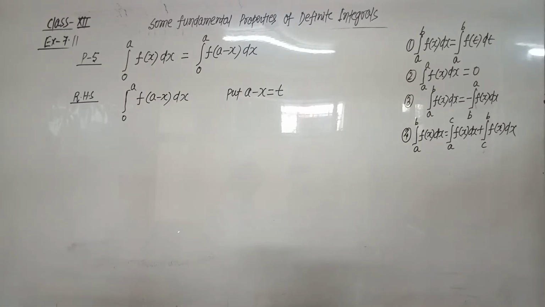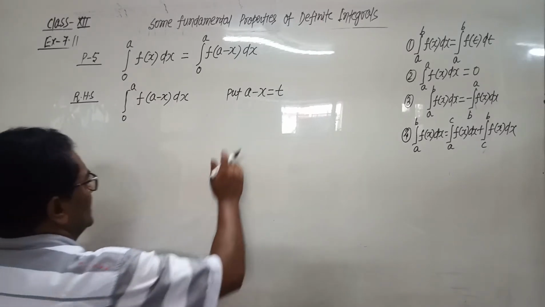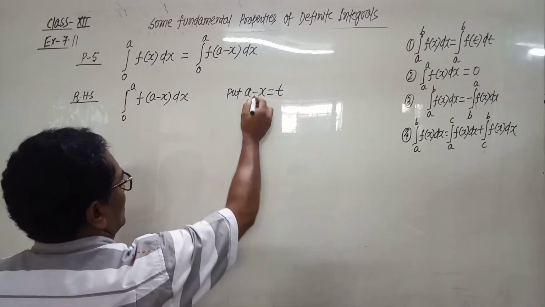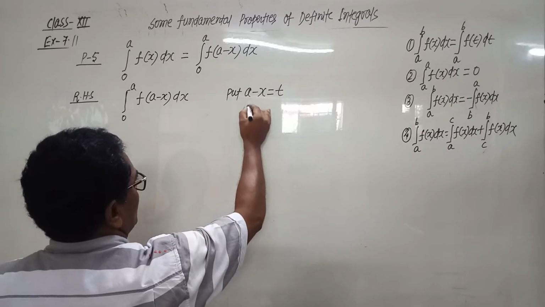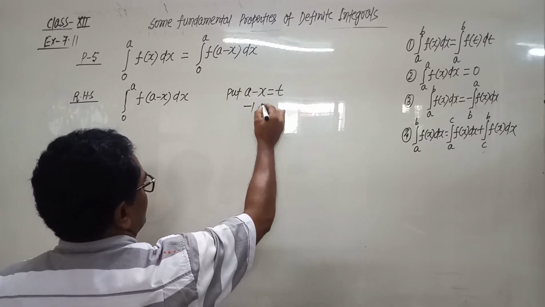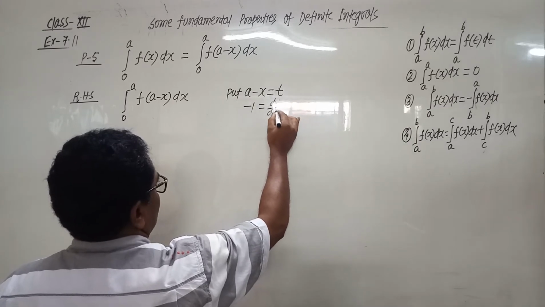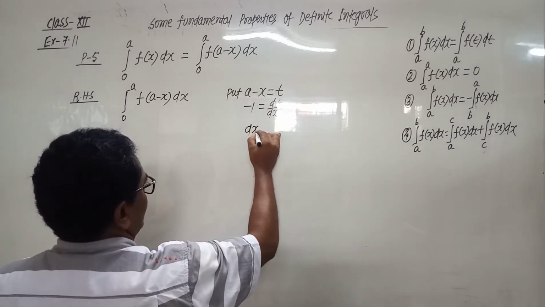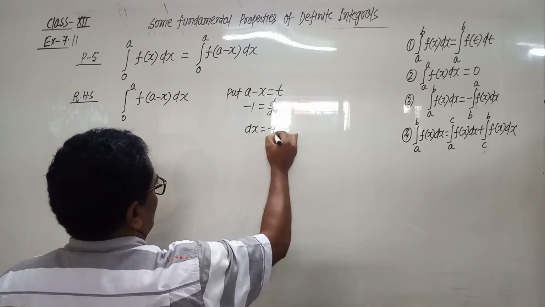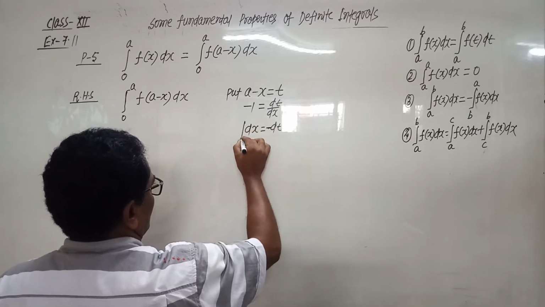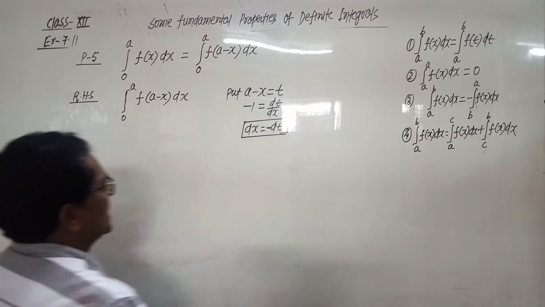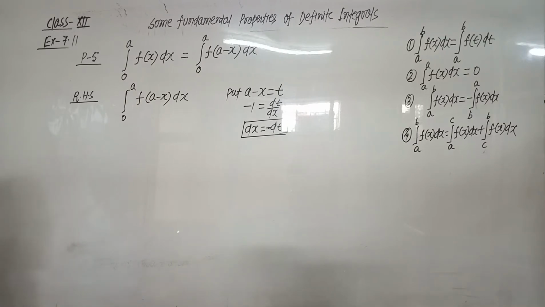The differentiation of a is 0, the differentiation of a minus x is minus 1, and the differentiation of t is dt by dx. Then dx is equal to minus dt.